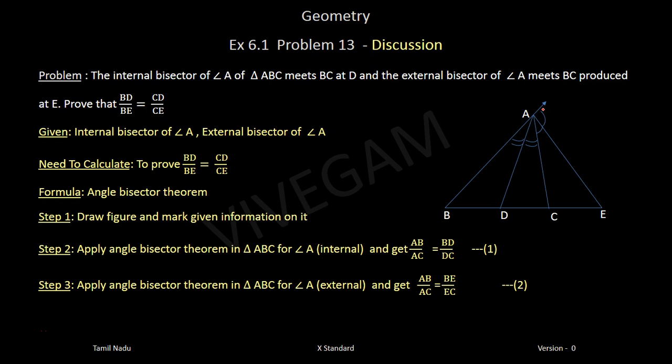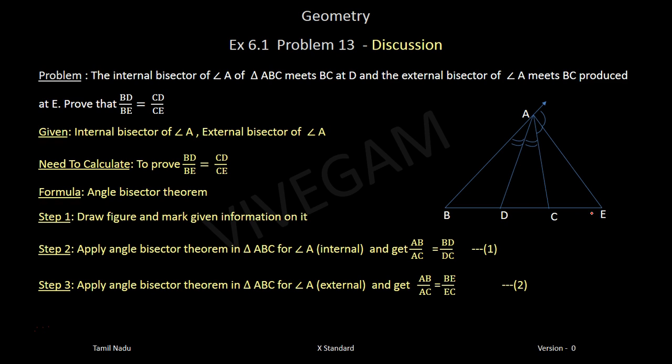So the external angle is this angle altogether, and AE bisects the external angle, and it meets BC produced at point E. That's what is told, right? Which means AB by AC will be equal to BE divided by CE.